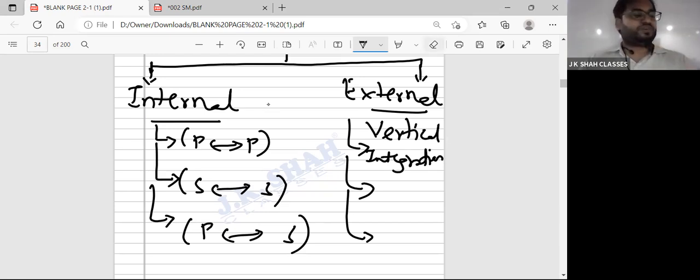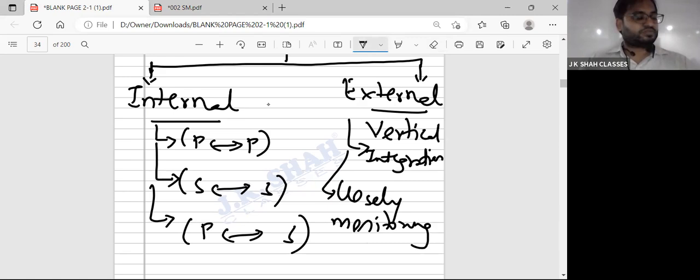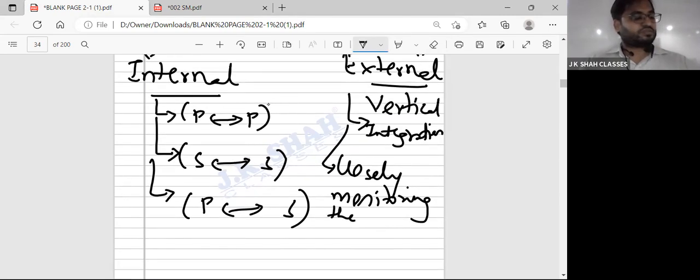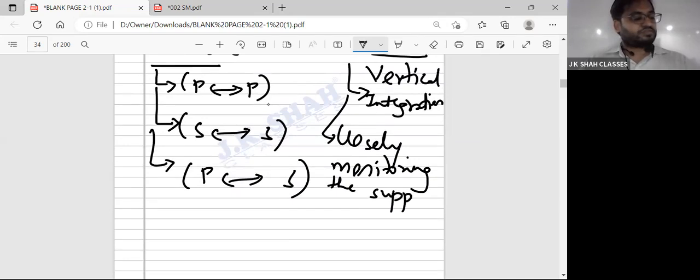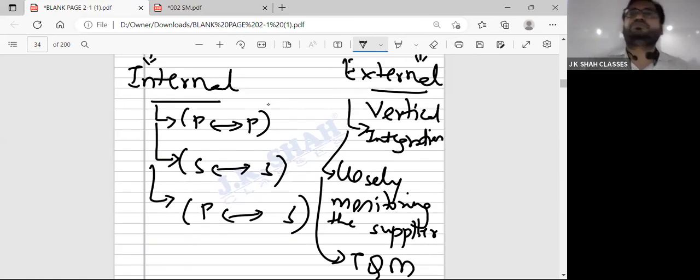External, we have vertical integration. Closely monitoring the supplier and TQM.